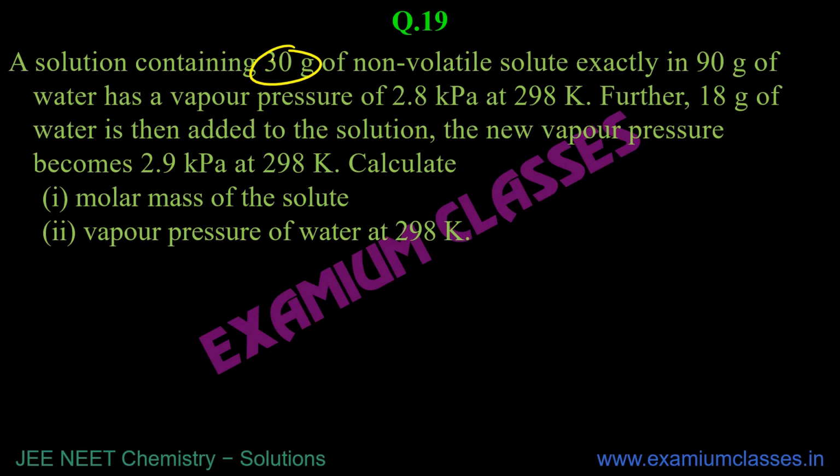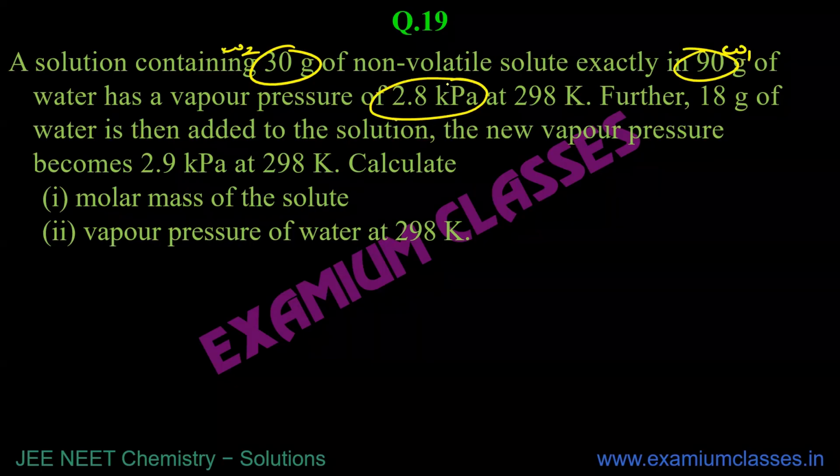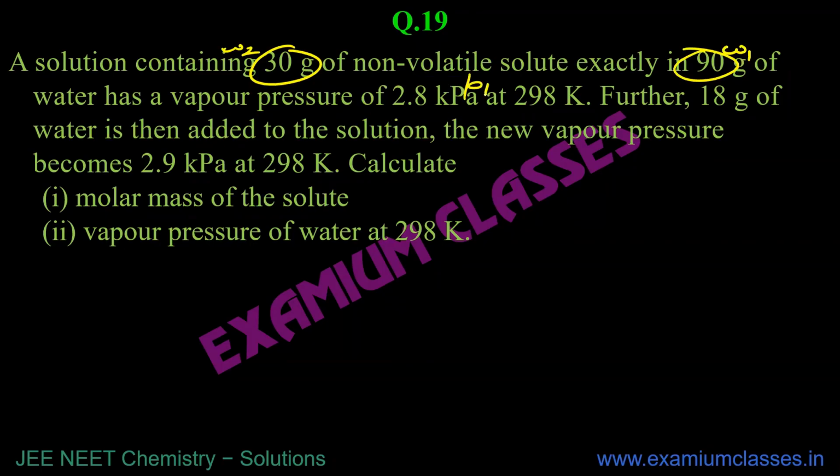If it is solute, it has to be W2. Exactly 90 grams of water means this is W1, and it has a vapor pressure of this much. Now, because it is a solution, this is not pure water. It means P1 is given. This is P1. Further, 18 grams.